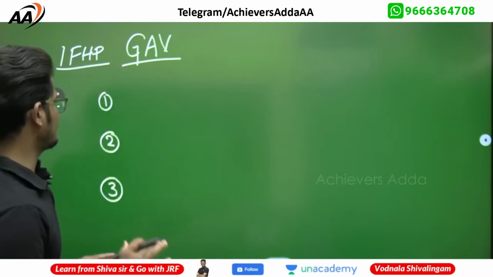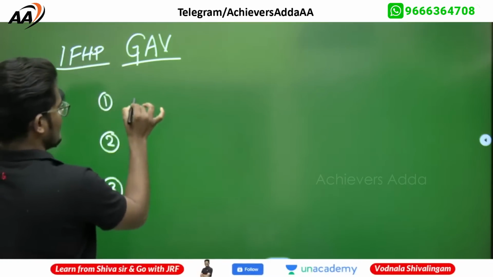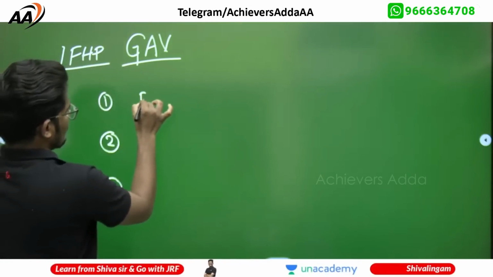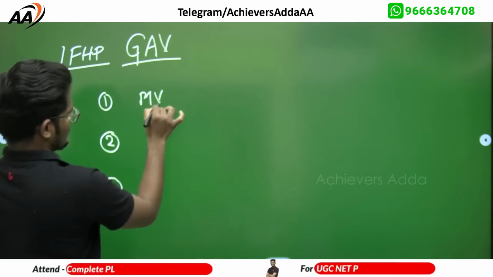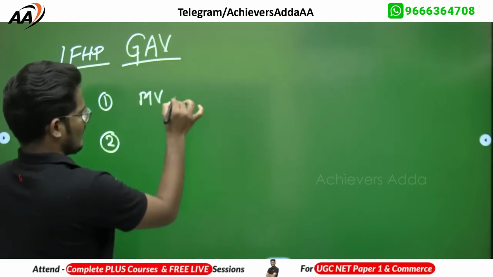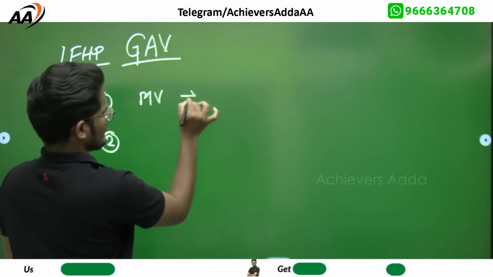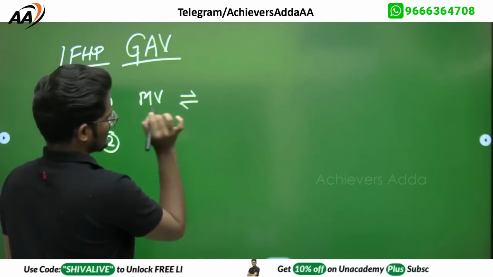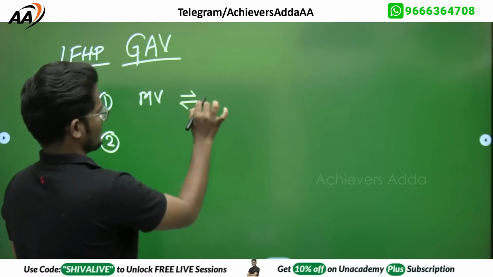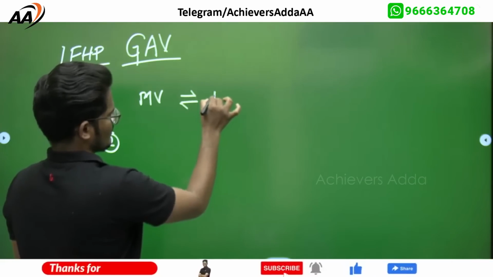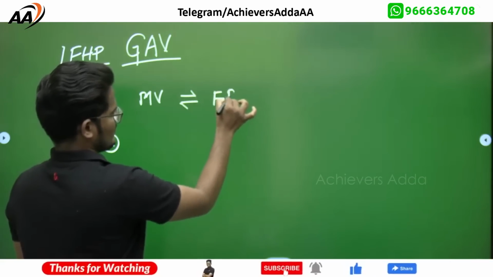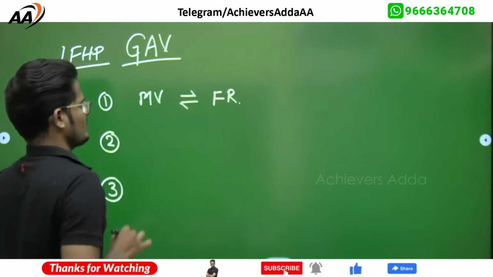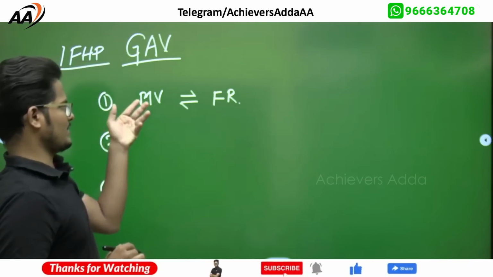Three simple steps are to be followed. Nothing big. Step number 1, identify the municipal value and compare this municipal value with what? Fair rental value. Municipal value is decided by the municipal authorities.